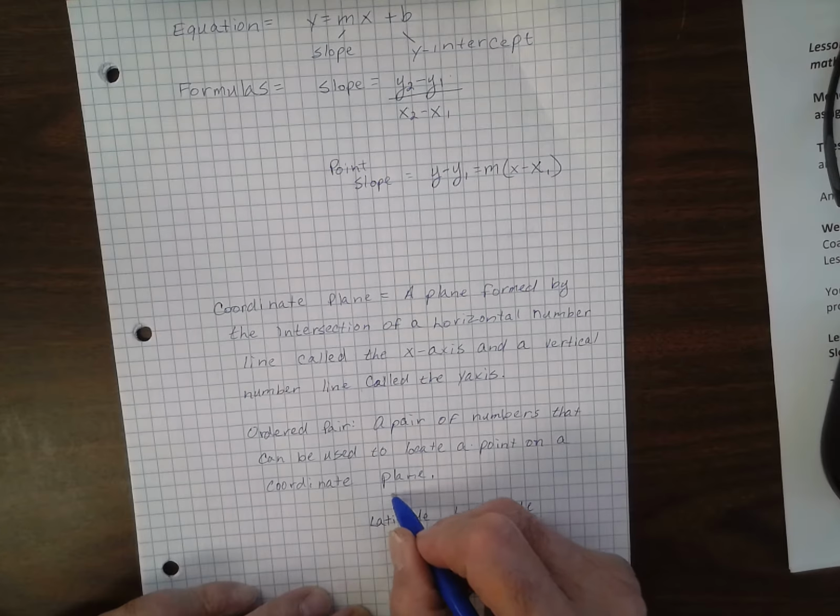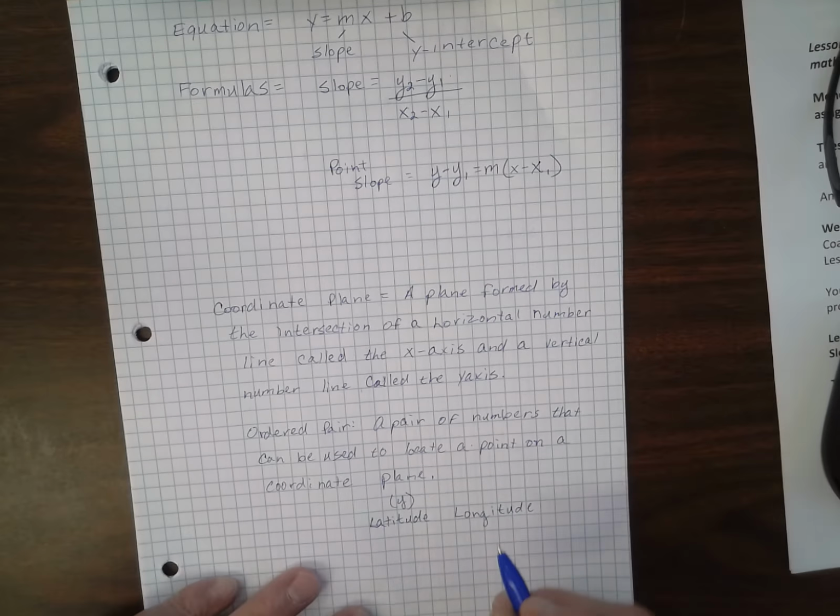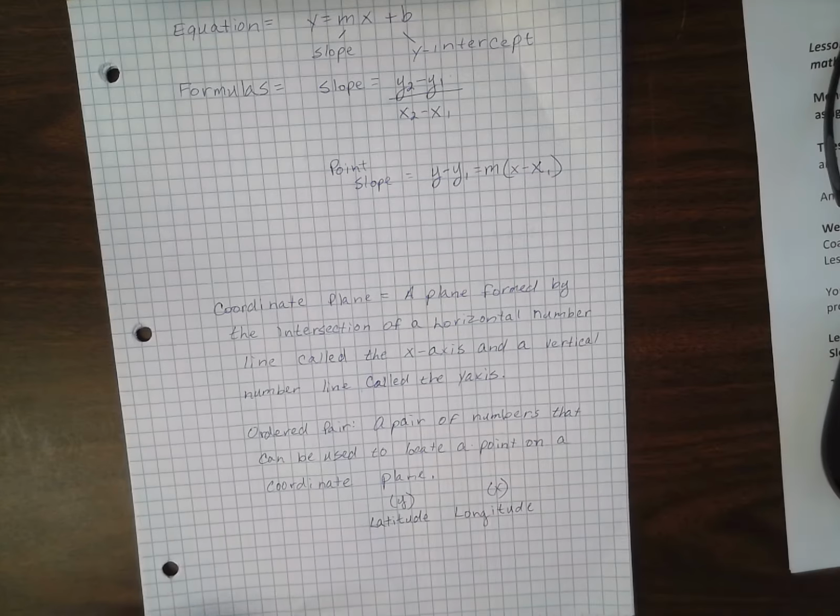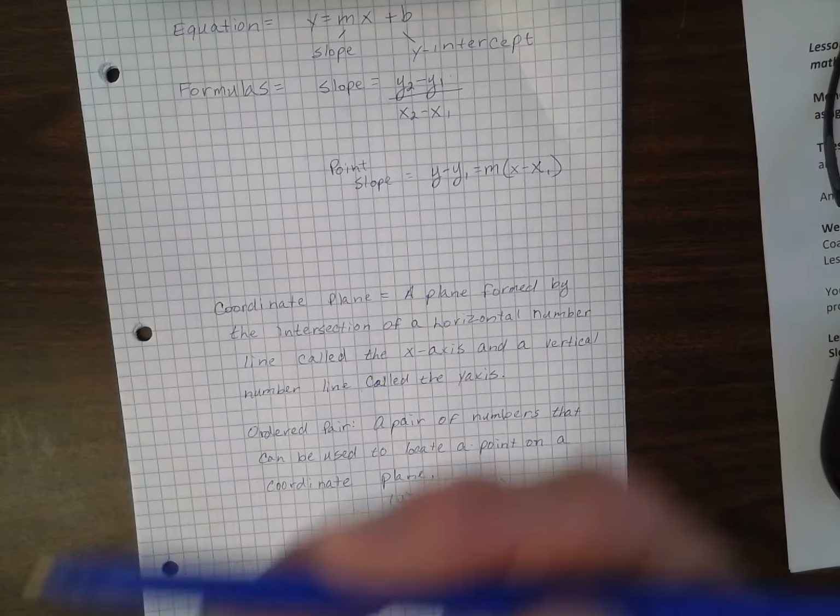So this would be your y-axis, and this would be your x-axis. The way I've always been able to remember that, longitude goes around the Earth, which is a lot bigger because it's kind of an oval shape. So latitude is up and down.